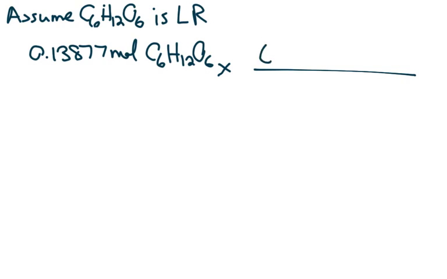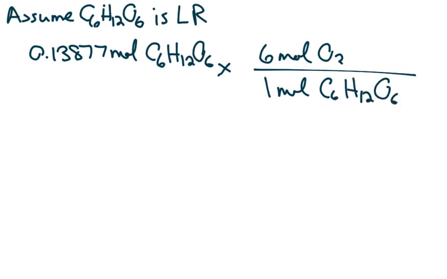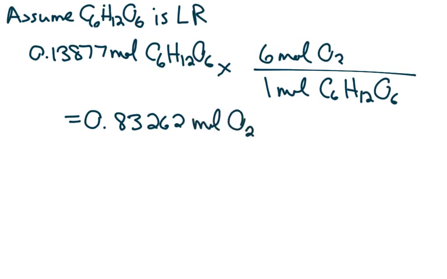So the mole ratio will have 6 moles of O2 and 1 mole of glucose. Doing that calculation, we get 0.83262 moles of O2 that is needed. Taking a look back at how much oxygen we actually have, 1.25 moles of oxygen, we actually have excess oxygen.